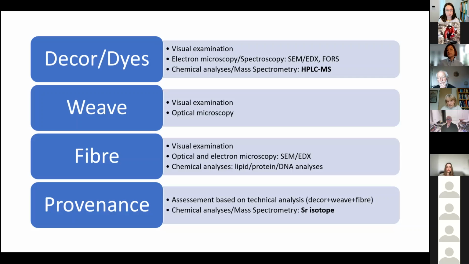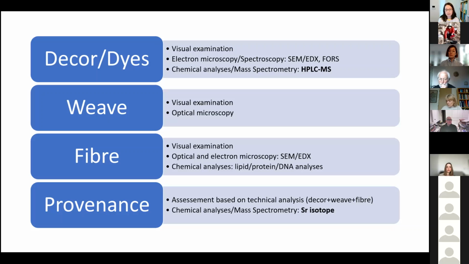The colors are usually very well preserved, so it's easy to see if we have dyed threads or a textile entirely dyed. We can, of course, identify the weave, and even with the naked eye, when you are used to your material, you can easily identify the fiber, if it is wool or cotton in our case.